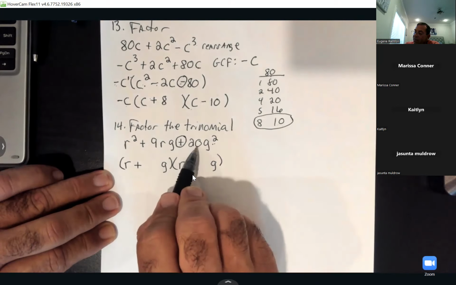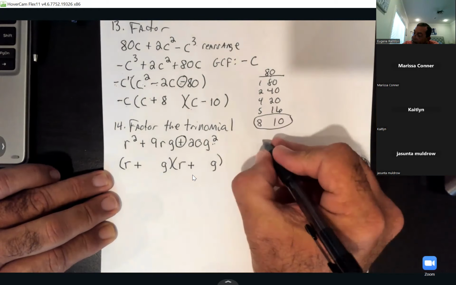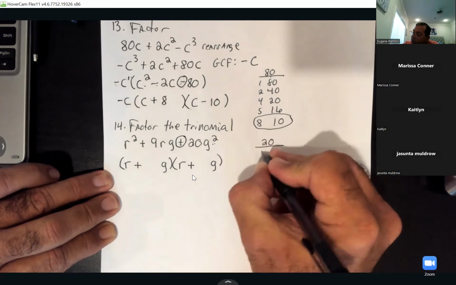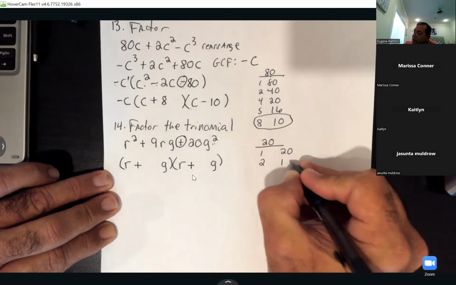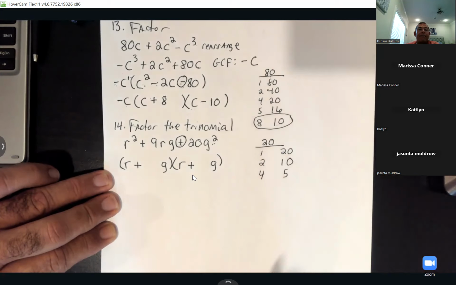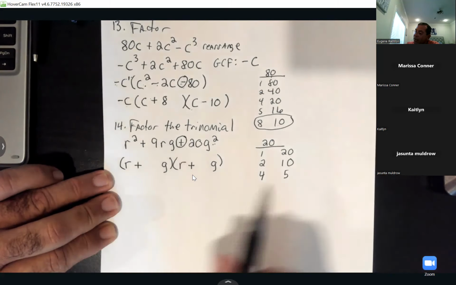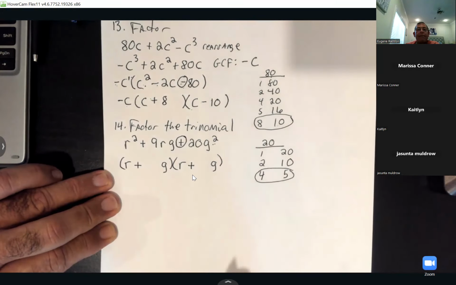So what we want now are factors of 20 that'll add to get a 9. So let's play with our 20. That's 1 and 20, 2 and 10. What's next? 4 and 5. Remember, it's positive, so these factors got to add to get 9. So that'll be 4 and 5.